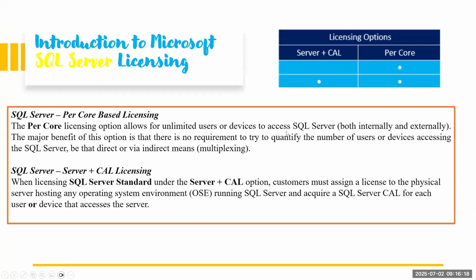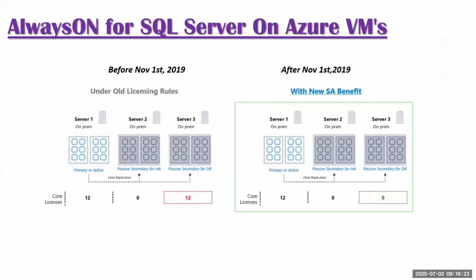Okay. Now, there is one more concept which was introduced from SQL Server 2019 onwards, nothing but SA, software assurance benefits, in terms of license only.